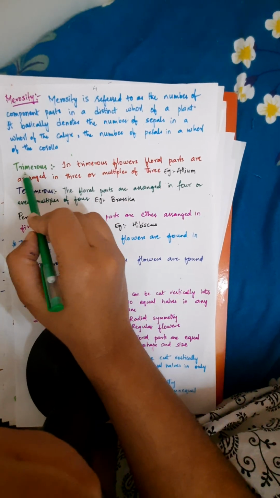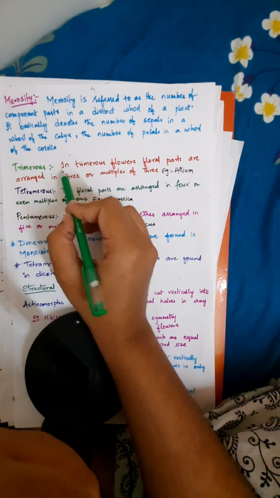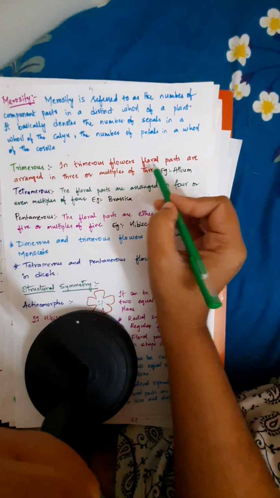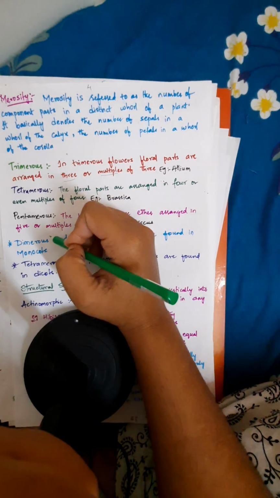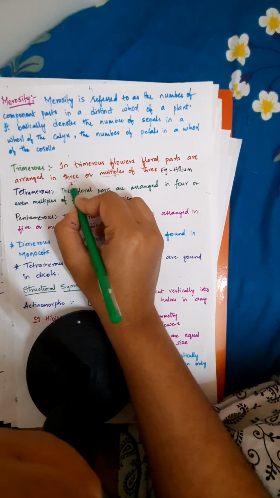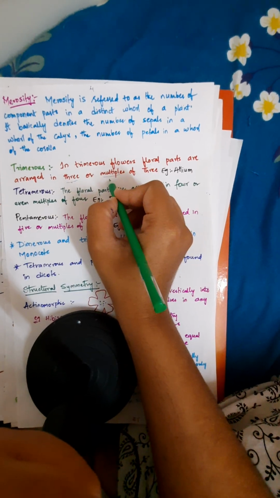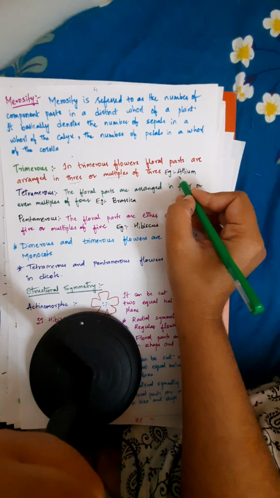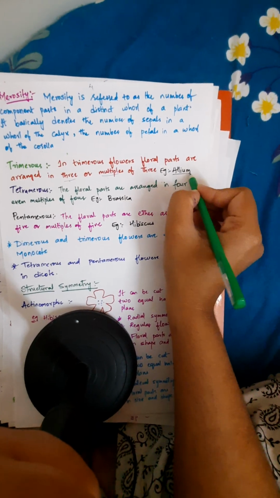First coming to trimerous flowers. What is trimerous? In trimerous flowers, floral parts are arranged in 3 or multiples of 3, meaning 3 or 6 or 9, in this way. This type of arrangement is seen in allium, that is the onion.